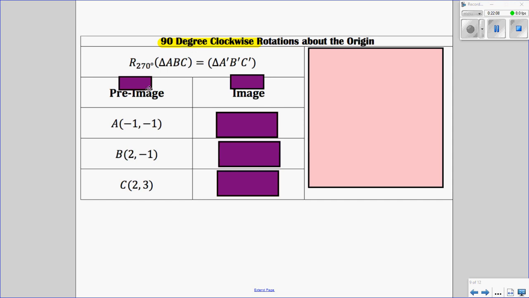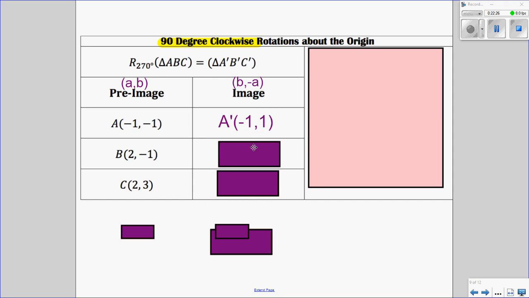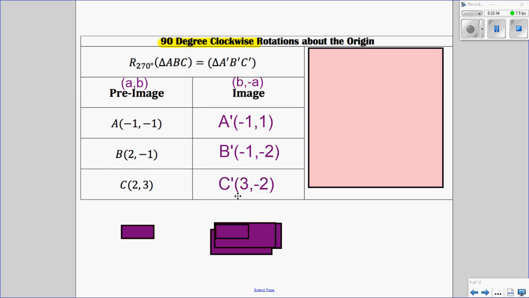So again, we're doing rotation about the origin. We're starting at AB. When you do a 90 degree clockwise rotation, which is also the same as doing 270 counterclockwise, the letters will switch and your A will be negative. So you switch and you negate the A. A prime is (-1, 1). B prime is (-1, -2). And then C prime is (3, -2).